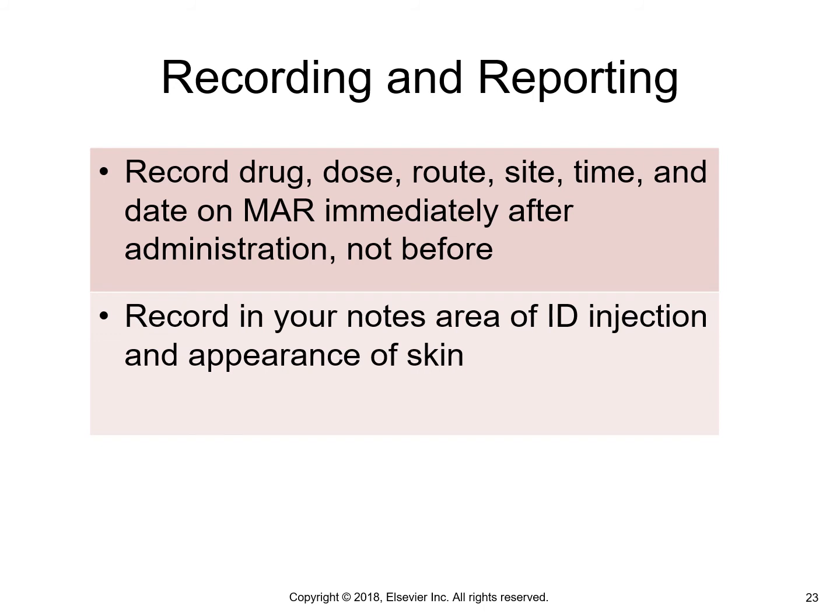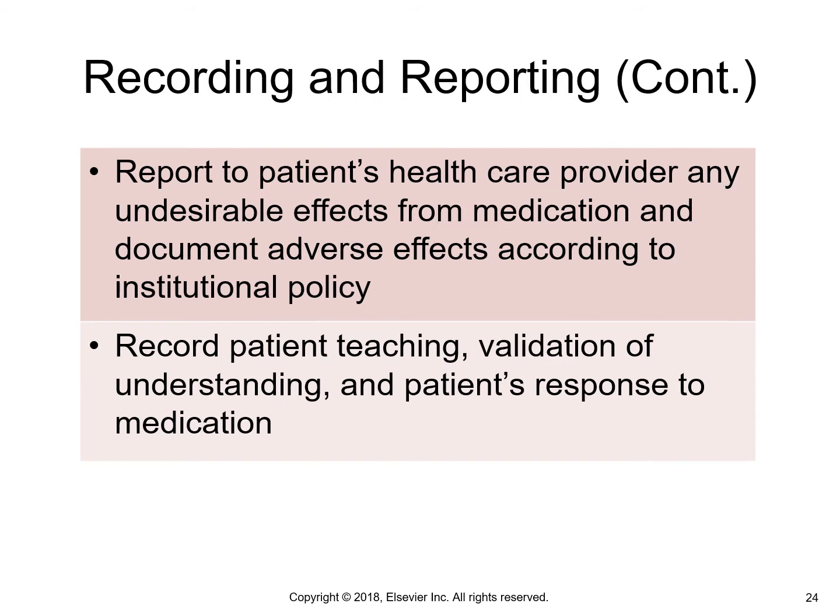So make sure that you, for example, may say PPD performed right lower forearm inner aspect, and you might say wheal noted, patient tolerated without complaints, and that would just mean that we have gotten the TB injection finished and that we will be able to see where it is when we come back to assess it. Okay. Undesirable effects from any medication should be documented.